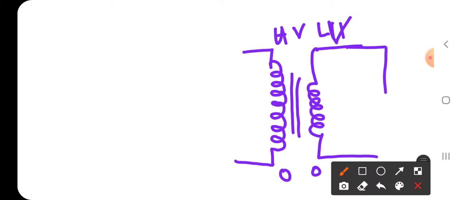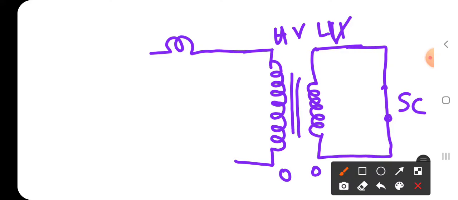This LV side is kept short circuit. Now what we have to do? Here also the same process, but we connect a UPF wattmeter, because the loss associated with the pure resistor is what we are going to find. So here a UPF wattmeter has to be used.